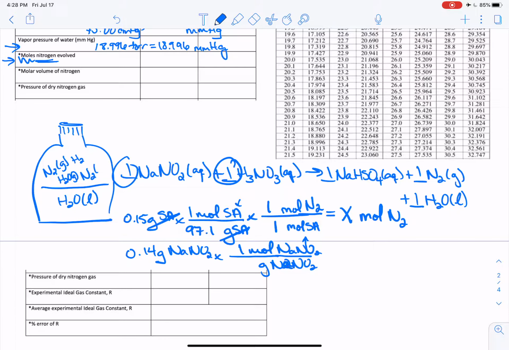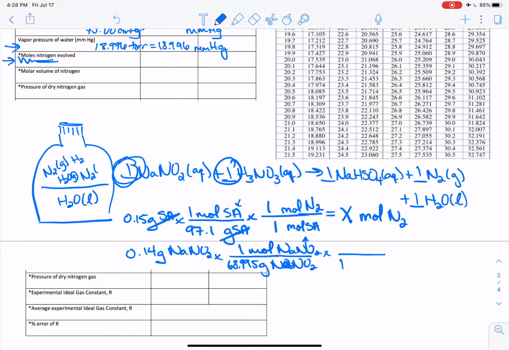Then we'd have to add up sodium, nitrogen, and 2 oxygens, and what we would come up with is 68.995.